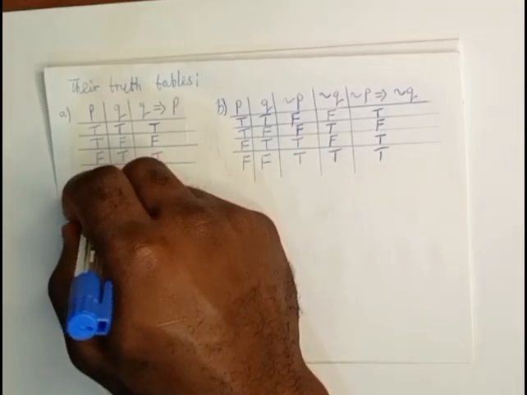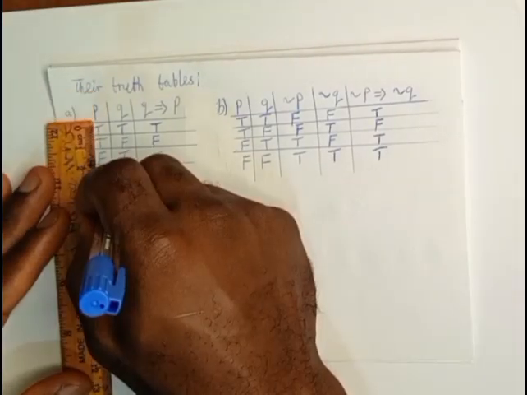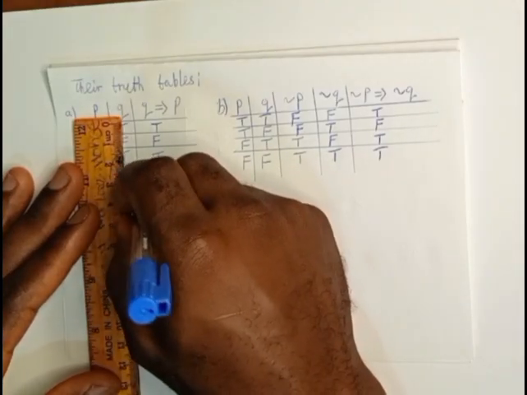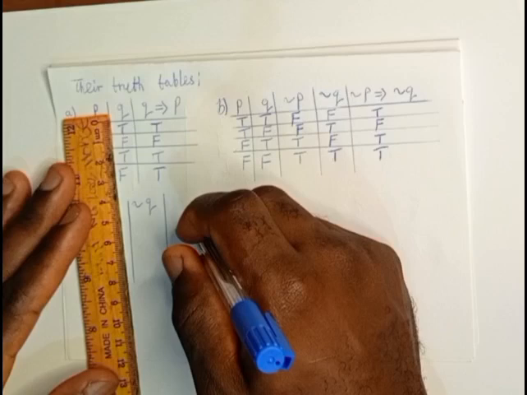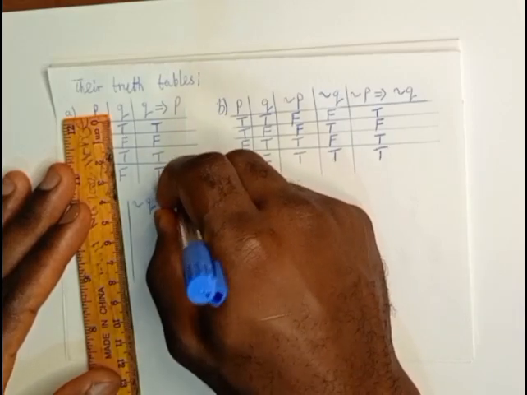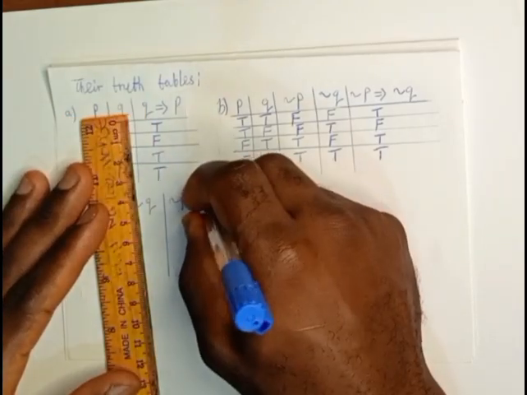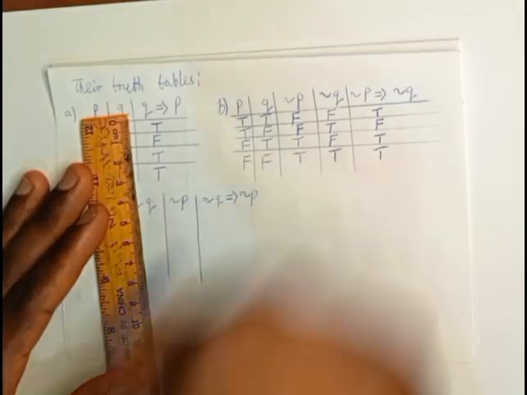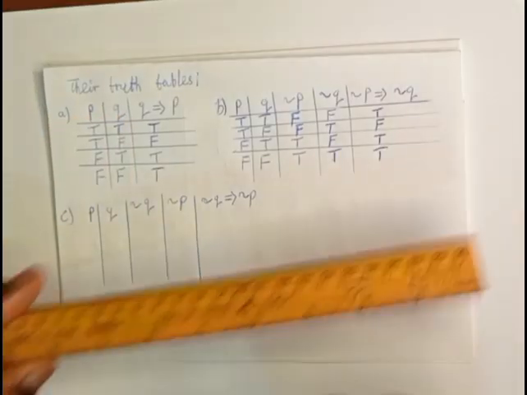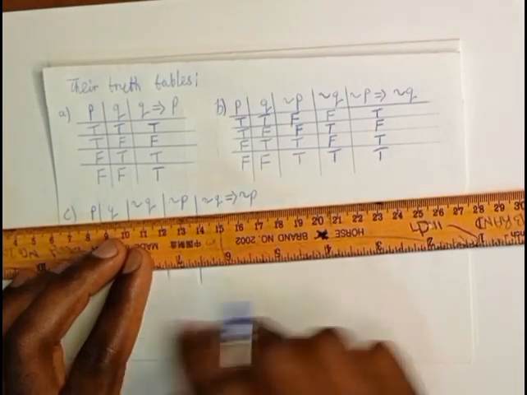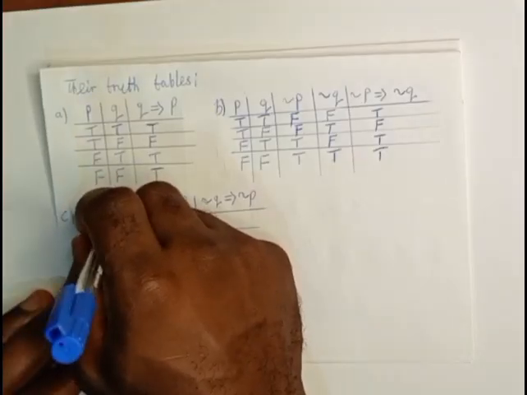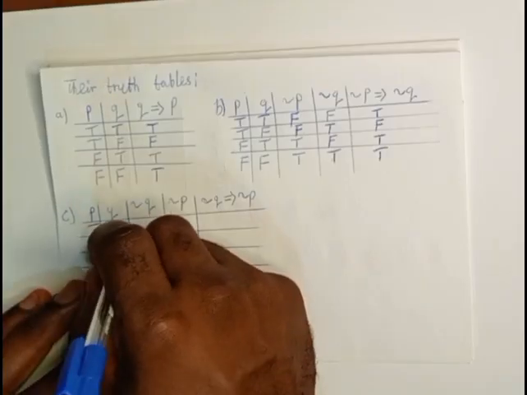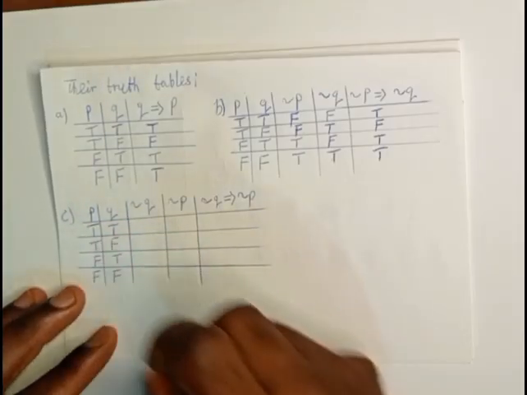We have statement P. We have the statement Q. Next, we have the statement not Q. Next, we have the statement not P. And lastly, we have not Q implying not P, which is the contrapositive of the two statements P and Q. We fill in the truth table: true, true, true, false, false, true, false, false.